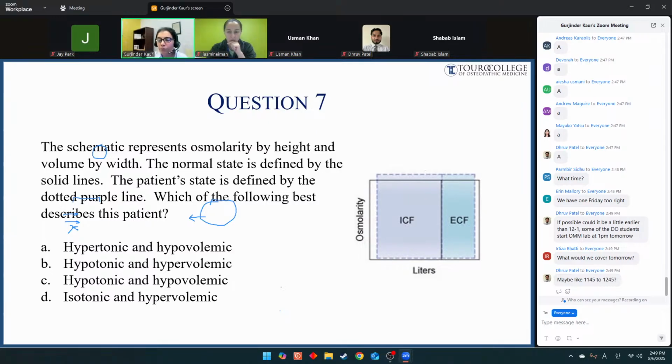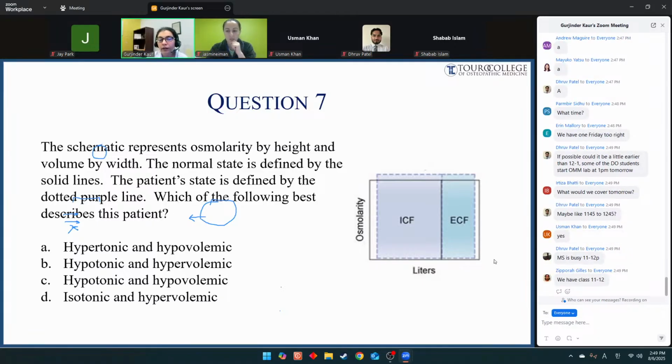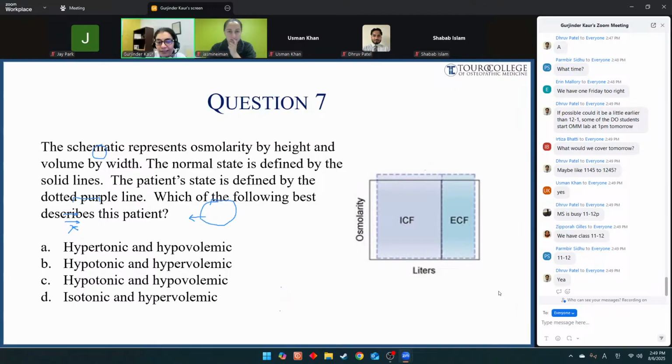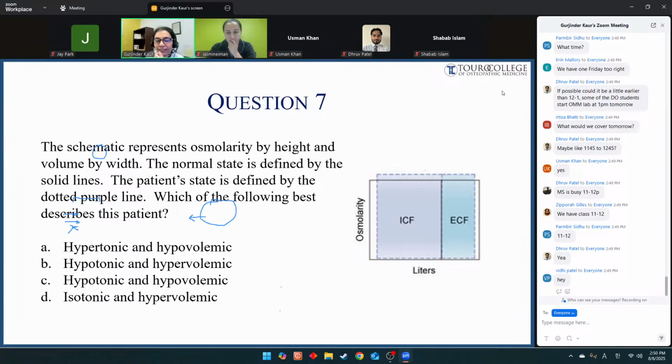I have class with masters 11 to 12, isn't it? Yeah, masters are busy 11 to 12. Do we have 2 Dhruv Patels? Oh, okay. That's interesting. We have 2 Vidhi Patels also, one in MS, one in DO. That's a coincidence.